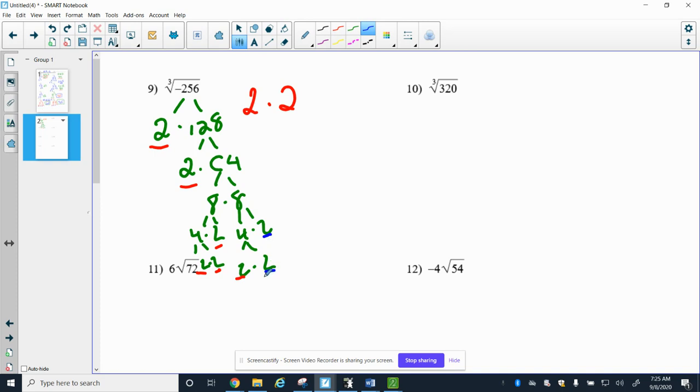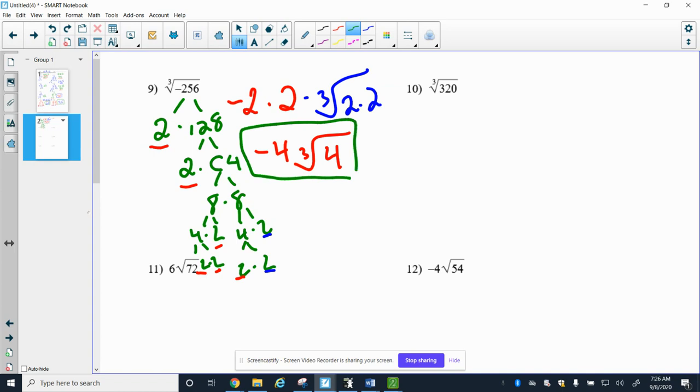So there's 2 of them left over. So really what we have is times cube root 2 times 2. Okay. And don't forget that we have this negative sign here. So this is going to be a negative out in front because we know it's a negative number. So we'd have negative 4 cube root of 2 times 2, that's 4. Okay, so that would be our answer.